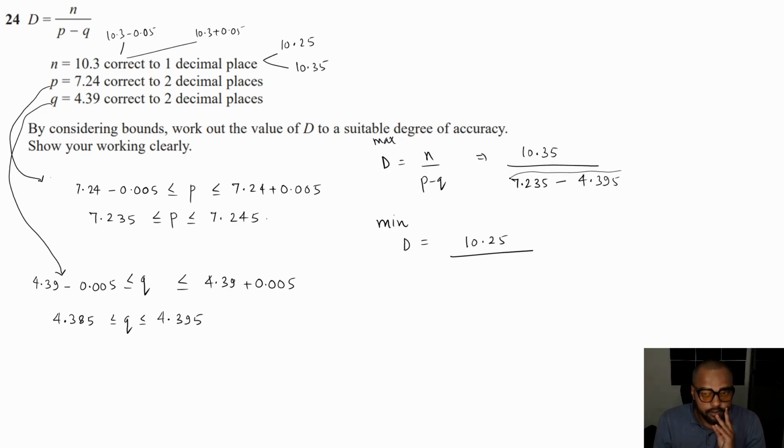So for the denominator to be maximum, we take 7.245 minus the smallest possible value of q, that will be 4.385.